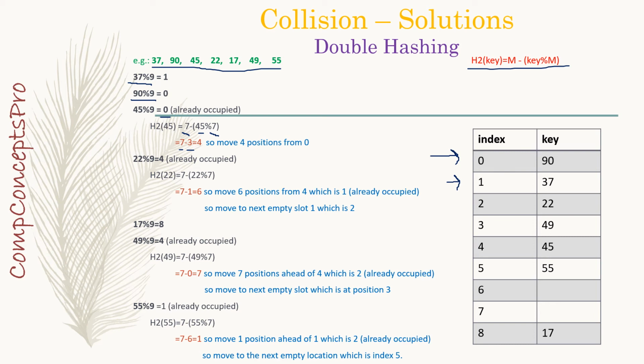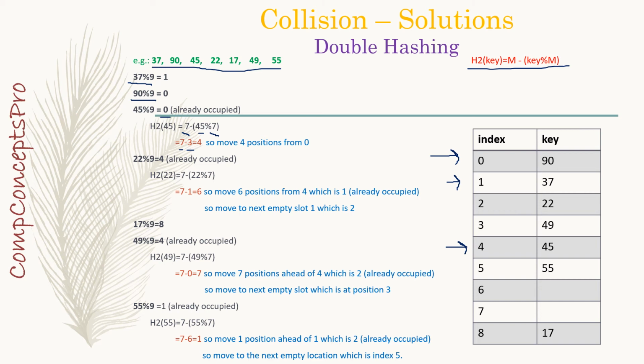So we have to move 4 positions from 0, which was the result of the division method hash function. So that way we will store 45 at the index position 4.